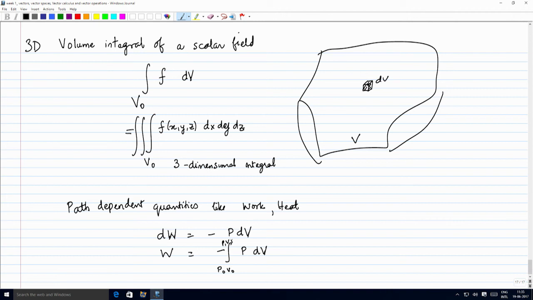So, you go along some path, and in general this is path dependent. Okay. And there are very sound mathematical reasons why this is path dependent. But basically in thermodynamics we say work is a path dependent quantity.